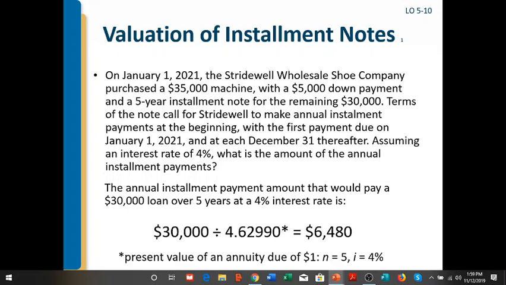So here, each payment's going to be $6,480. Now notice that this is again an installment note, but it's an annuity due since the first payment's up front.